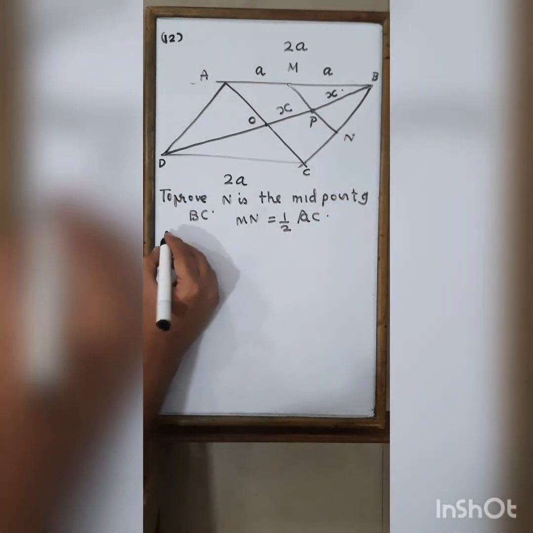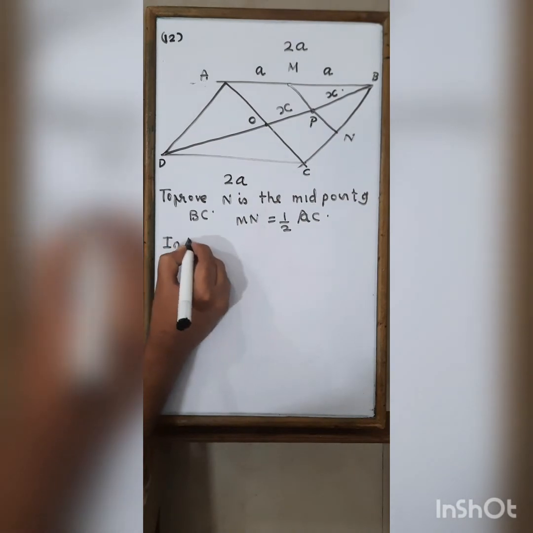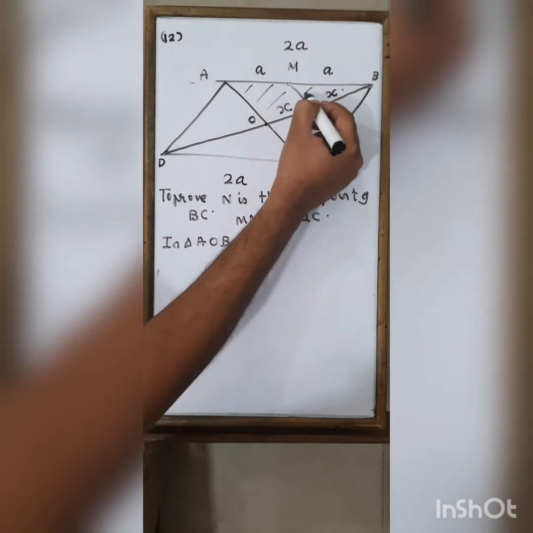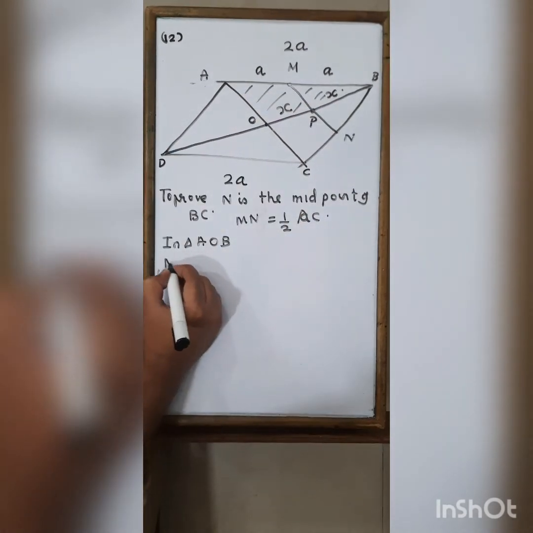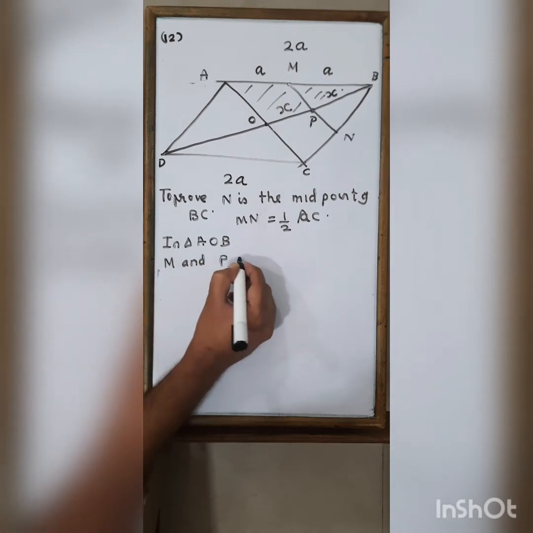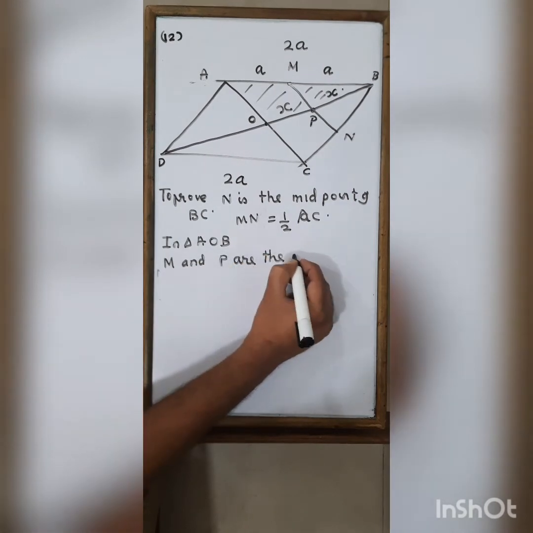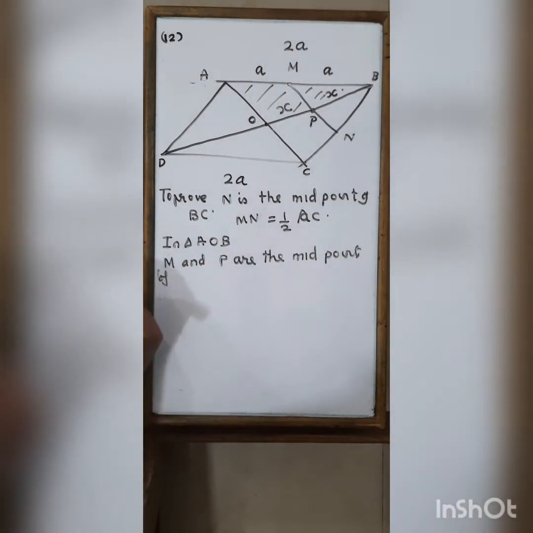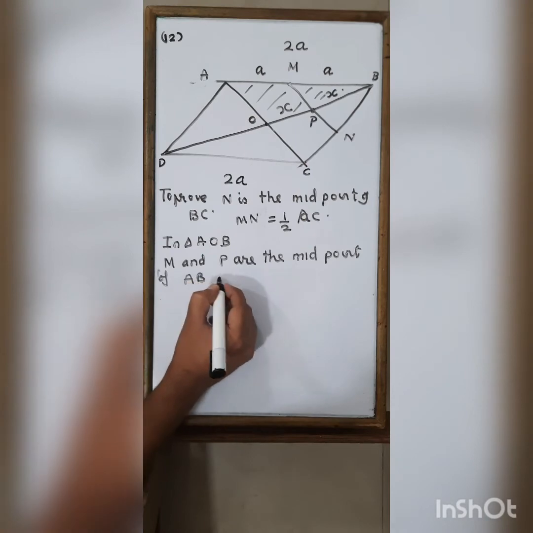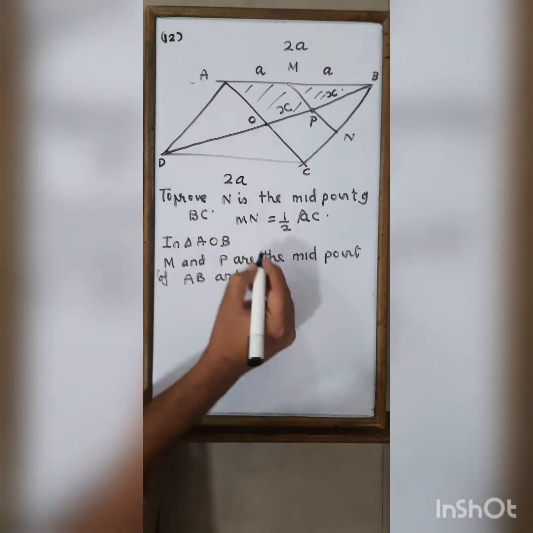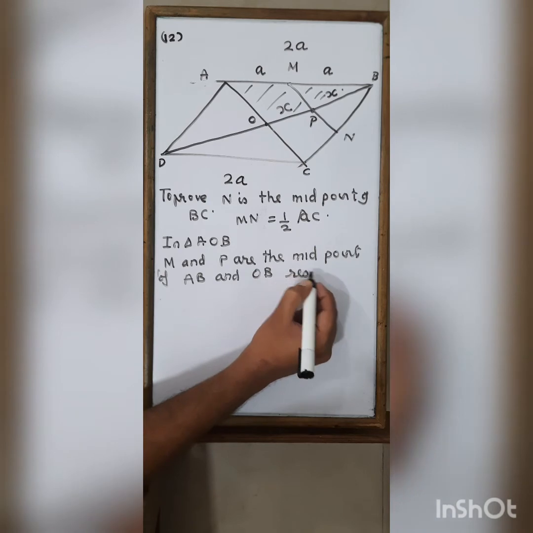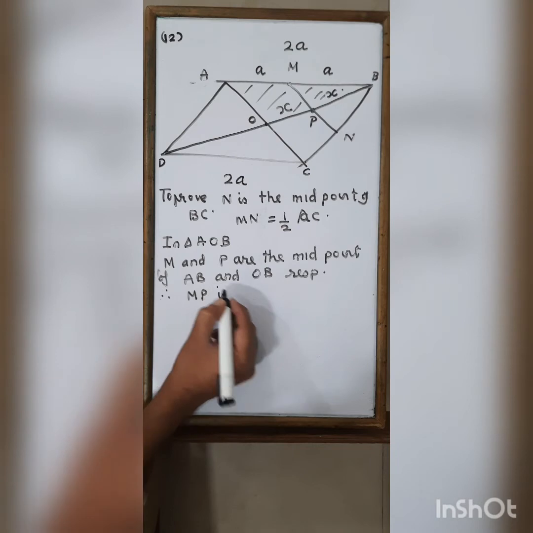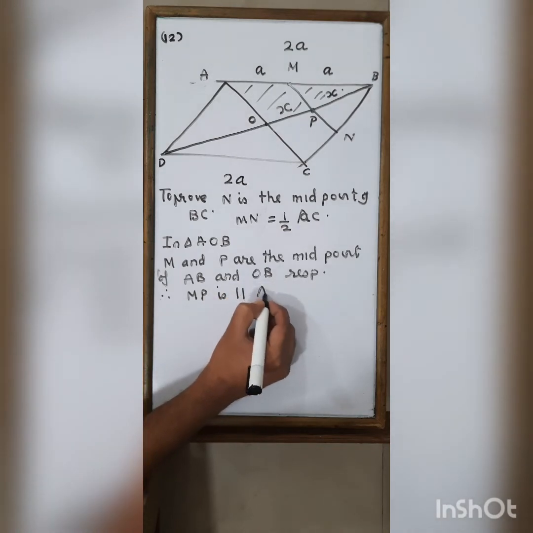Now I know in triangle AOB, consider this triangle. Okay, M and P are the midpoints of AB and OB respectively. Therefore, can I say MP is parallel to AC?